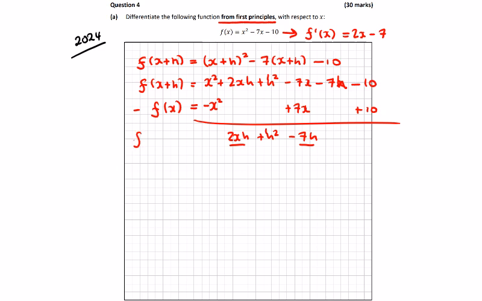So this is f(x+h) minus f(x). Now, they will allow us to skip a stage here.